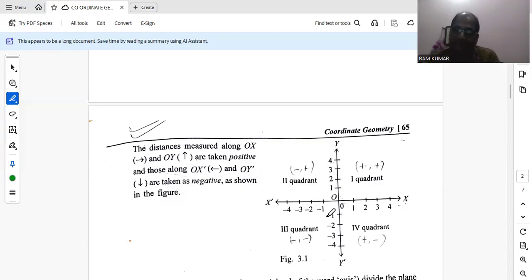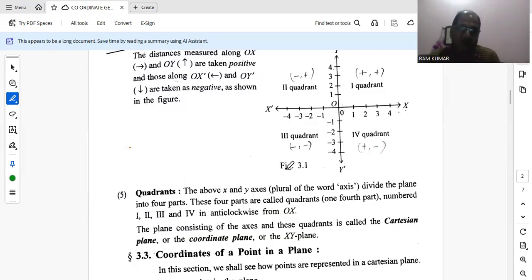Because in representing a point on the Cartesian plane, 0 is at the center, and after that we have to go along y, so it comes on the y-axis. Similarly, if the y coordinate is 0, the point will lie on the x-axis. And if both coordinates of a point are 0, the point will lie at the center. So these are the things about coordinates.